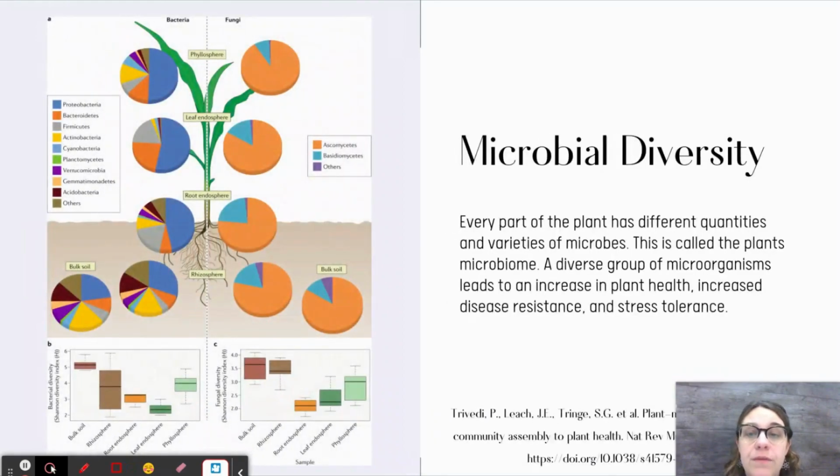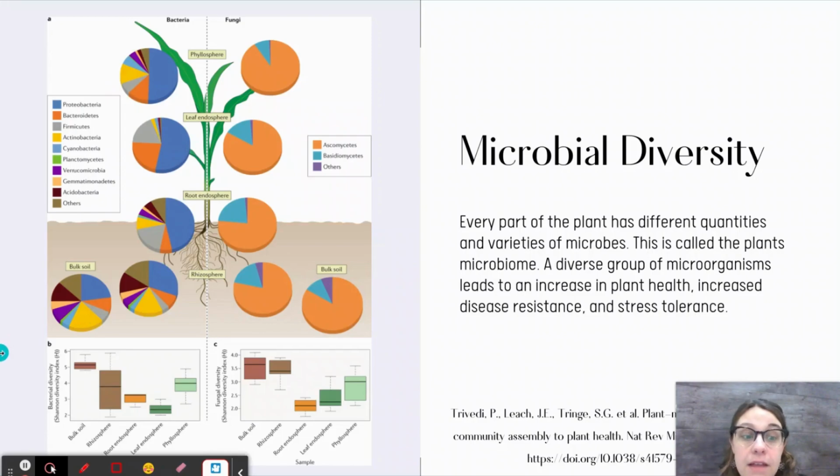So microbial diversity, this is how many different types of microbes are found on different parts of a plant. And this picture here is complicated, but to break it down, there's this picture of a plant, and there's different parts of a plant that are labeled in the yellow boxes. Those pie charts represent the different types of bacteria or fungi found on those different parts of a plant.